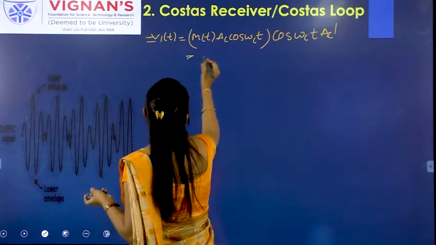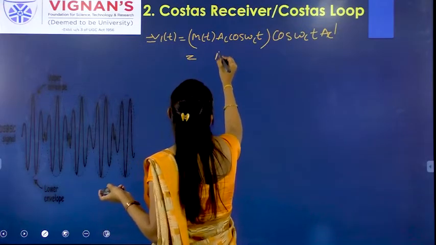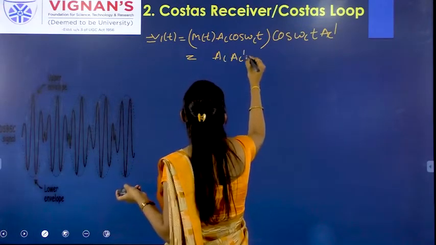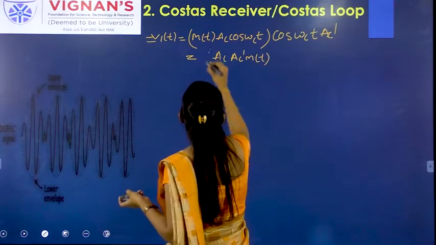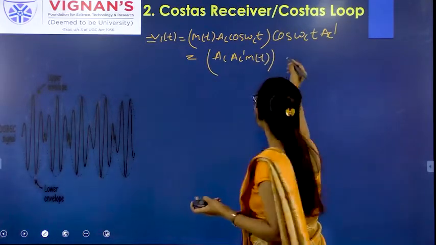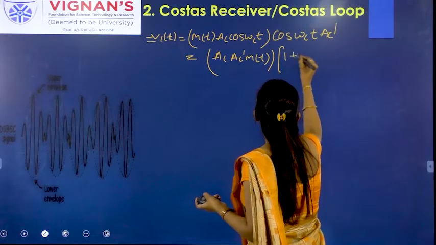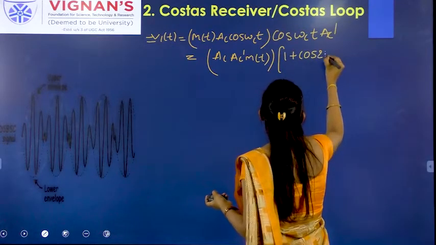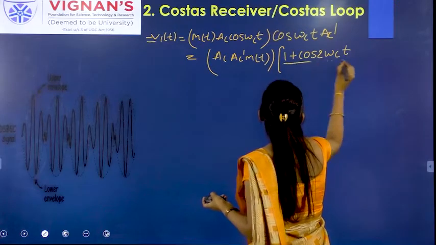So what output will you get? Ac Ac dash m of t into cos square omega ct, where cos square omega ct means (1 plus cos 2 omega ct) by 2.